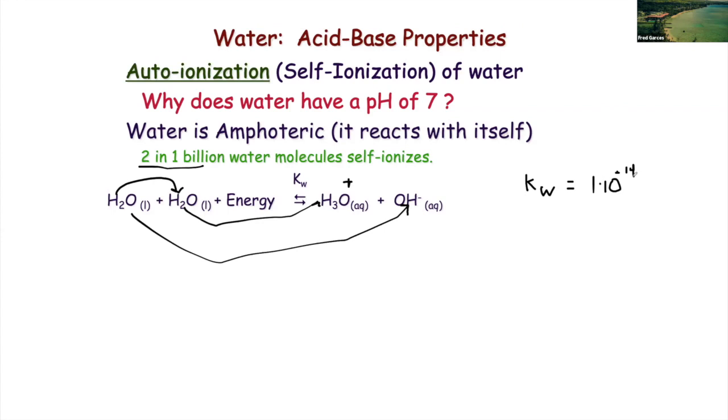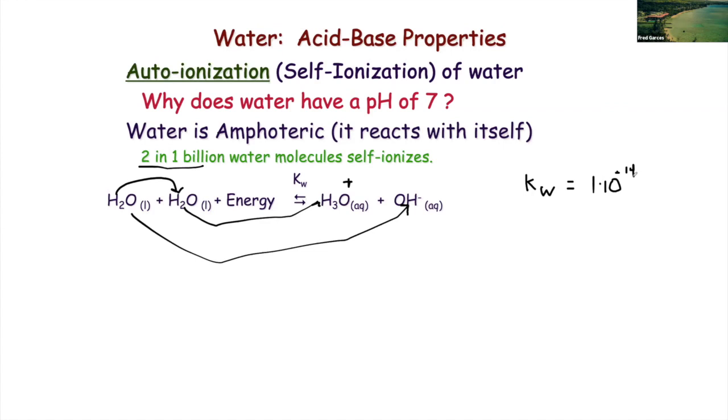But remember, when you have a cup of water or a beaker of water, that represents moles and moles and moles of water molecules. That's 10 to the 23rd molecules.